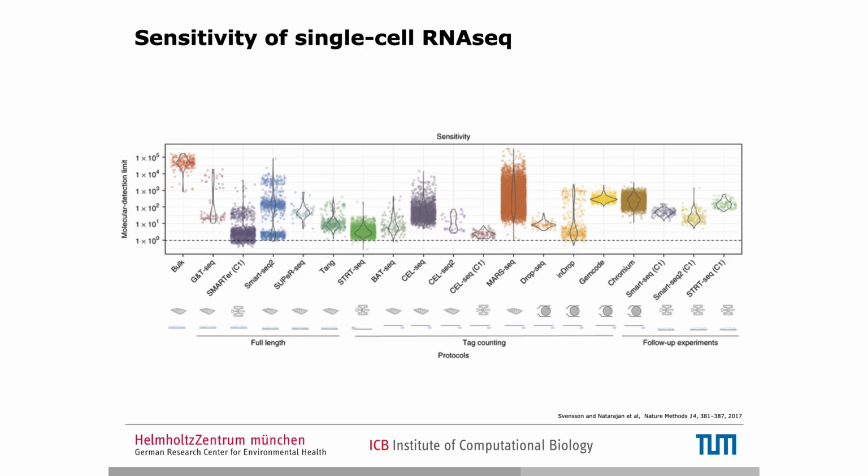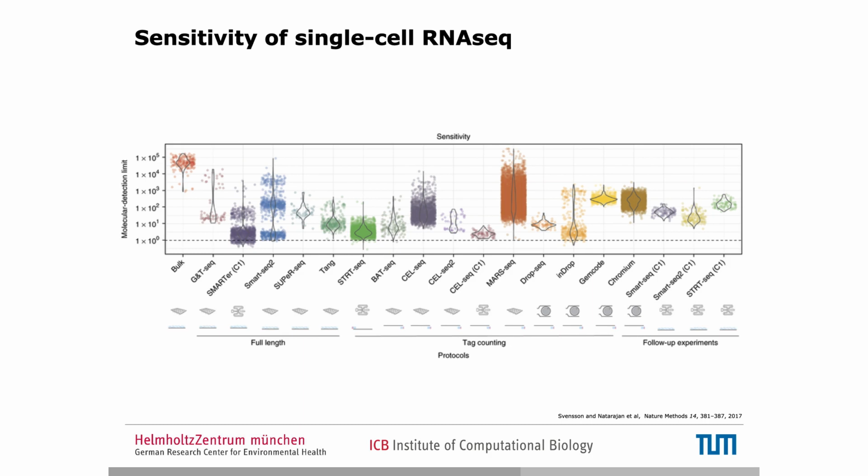However, if you go down to study transcription factors, which are low in copy number in a cell, then you would rather go to a SmartSeq protocol, which is more sensitive. But then we already talk about a targeted study of cells, which is a perfectly fine way to go, because it depends on the question that you would like to answer with your data.